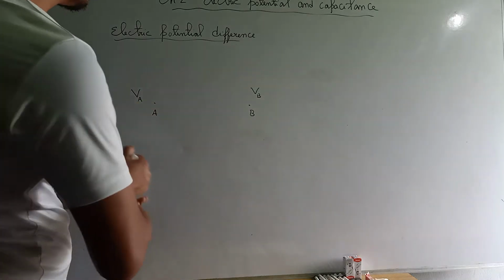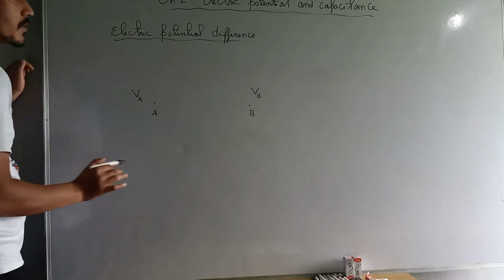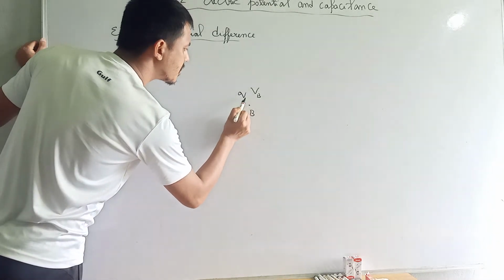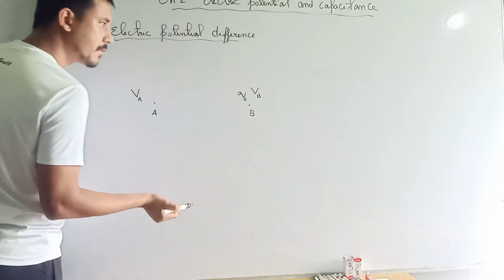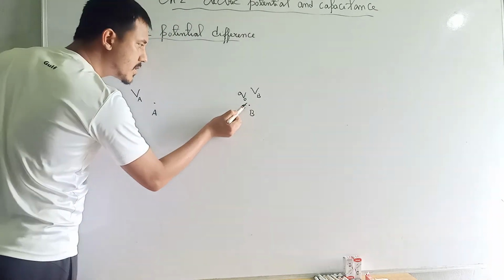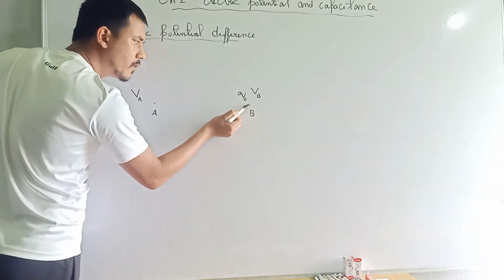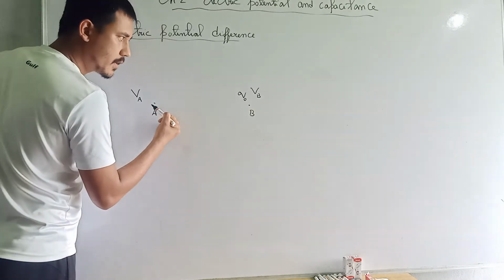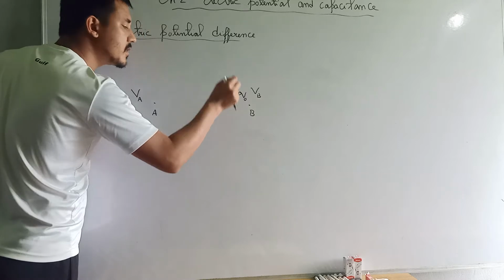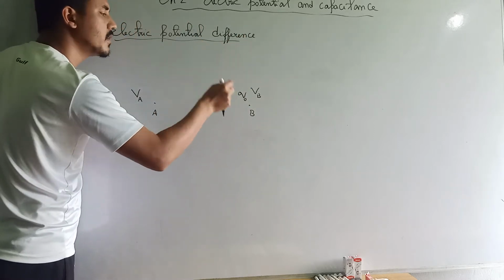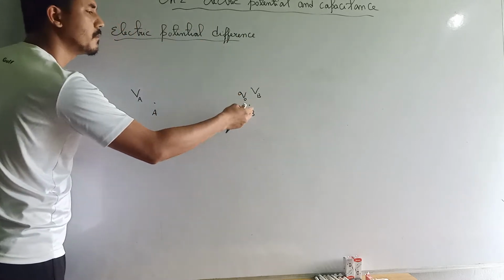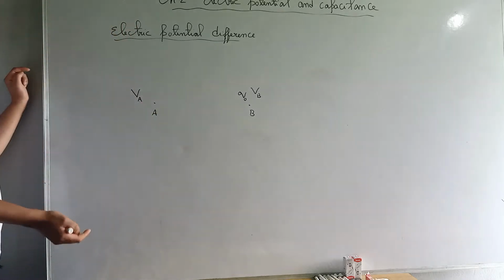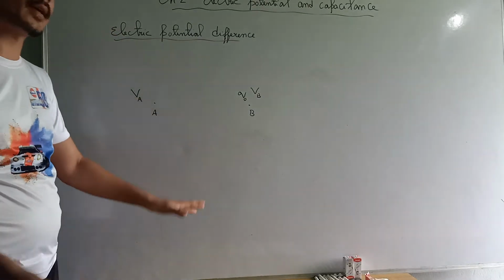Now, in order to find the electric potential difference, you place the test charge Q0 at B, and you bring this test charge Q0 from B to A. In order to bring this test charge Q0 from B to A, some work has to be done. And who is going to do that work? An external agent.